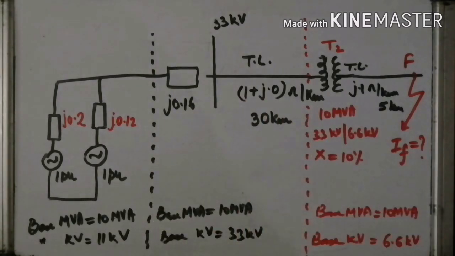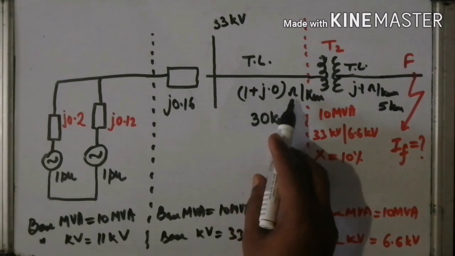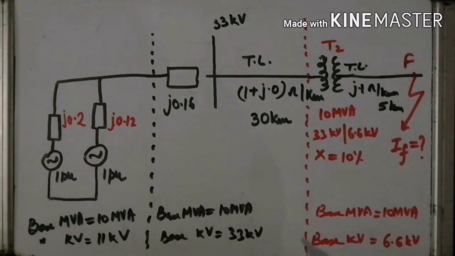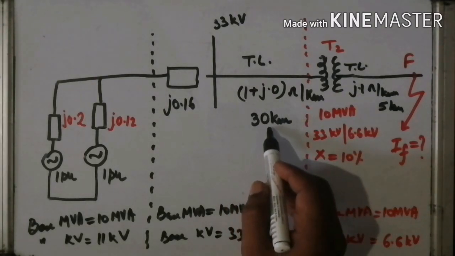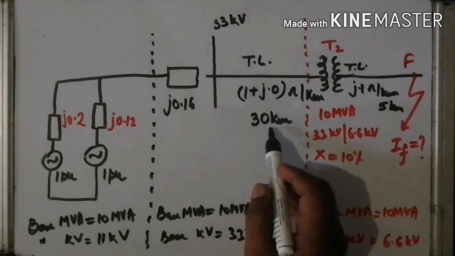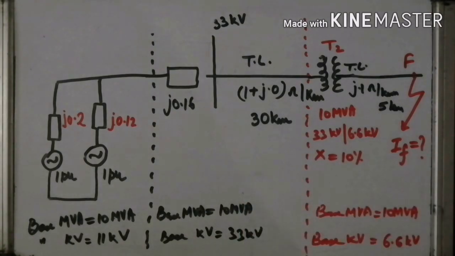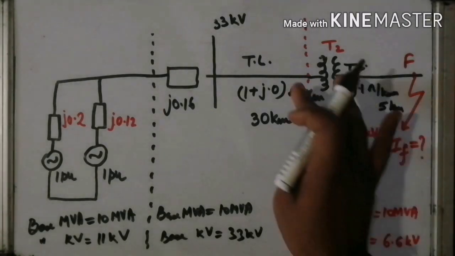Now for the TL. Here TL is given. Its impedance is 1 plus J0 ohm per kilometer. First of all, I am going to multiply this with the kilometers, that is 30 kilometer, and divide it by the base value, that is Z base.